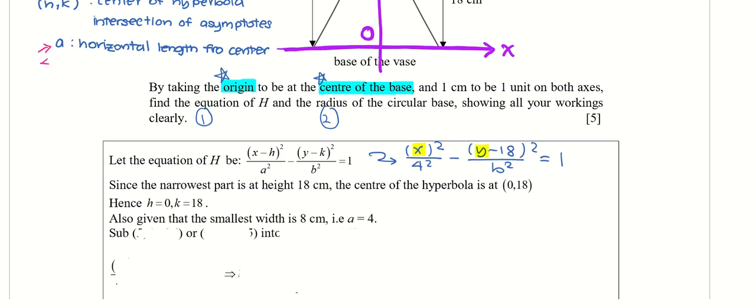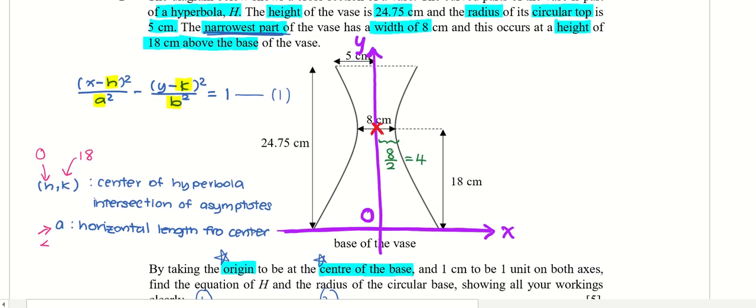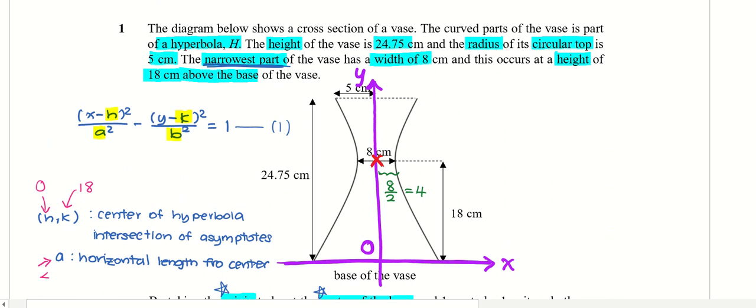So let's take a look at my diagram. Do you have any coordinates that's on the graph? Basically we can see that, to find the coordinates, can you see that I have many points? One of the points I'm going to highlight in green, this top portion here. So what about this coordinate over here?